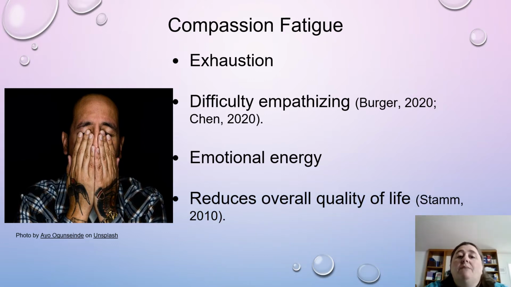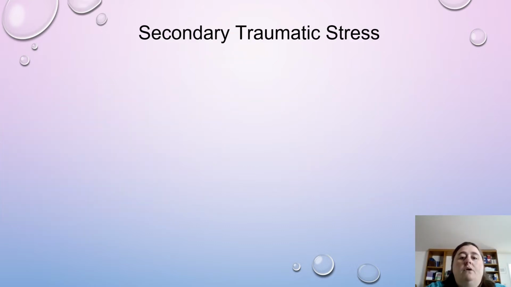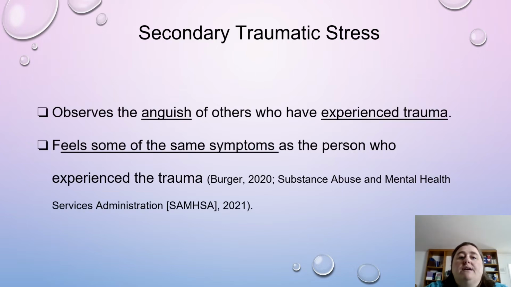In addition, an imbalance may develop that skews the practitioner's focus from their personal life to their professional life, which then reduces their overall quality of life. Secondary traumatic stress occurs when the caregiver or the practitioner observes the anguish of others who have experienced trauma or distress.